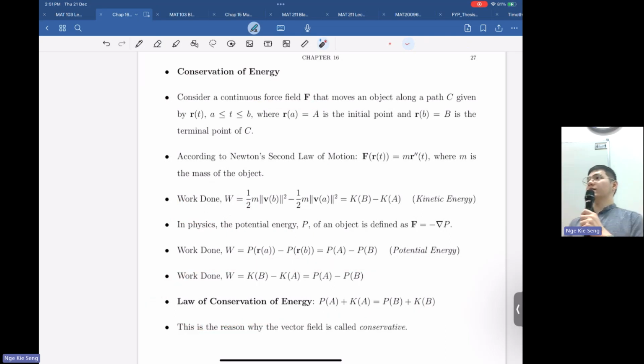That's why we call it a conservative vector field. This part is not important, just to motivate why we call it that. Any question about showing some vector field is conservative?